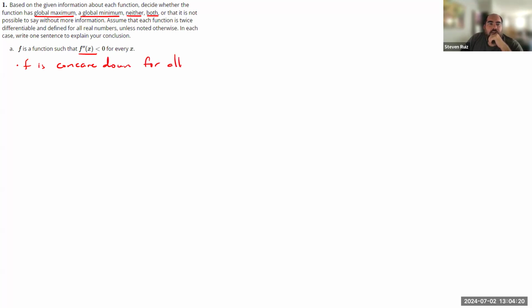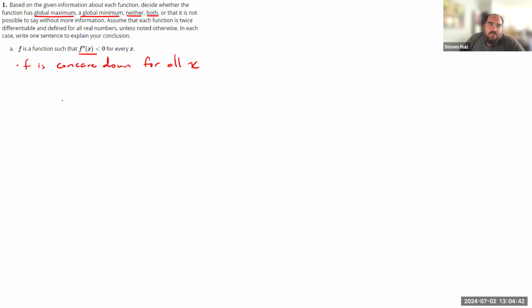for all x. So what does it mean for a function to be concave down? Well, metaphorically speaking, the metaphor you're given is that you have a vessel that's going to be spilling water, or you have a function whose rate of change is always decreasing.